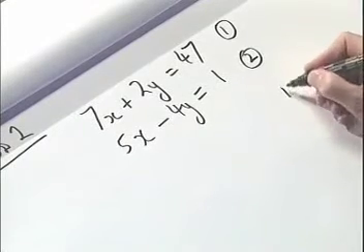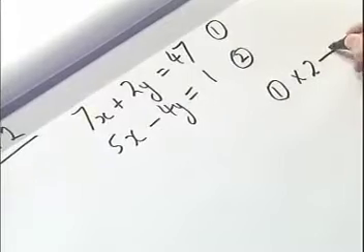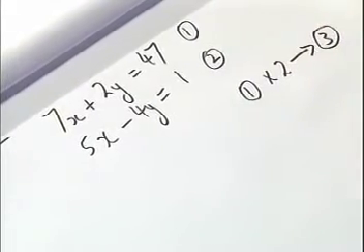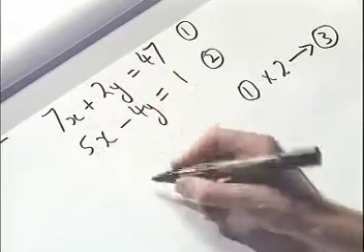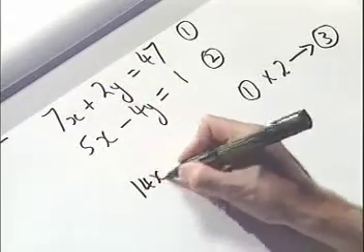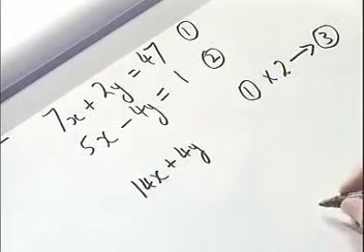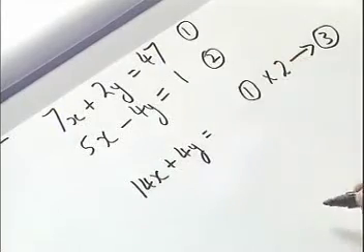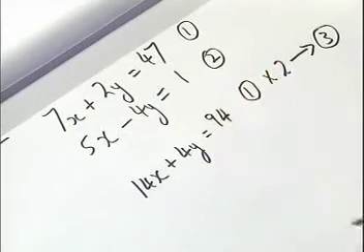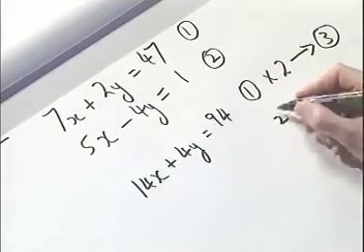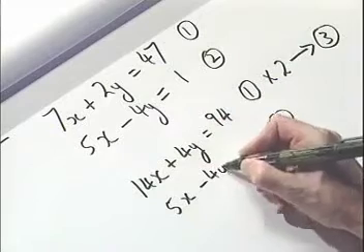And then I can keep a record of what I'm doing. So I'm going to multiply the first equation by 2, and that's going to lead me to a new equation, 3. So let's do that. 2 times 7x is 14x, plus 2 times that is 4y, equals 2 times 47, which is 94. Now equation 2 I'm leaving as it is, not going to touch it.